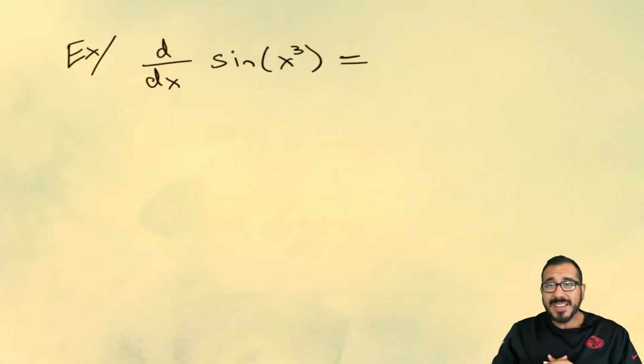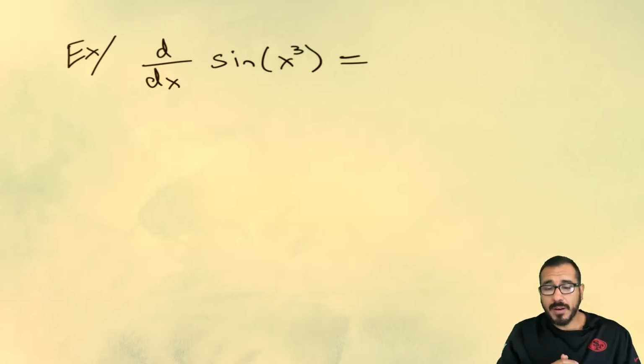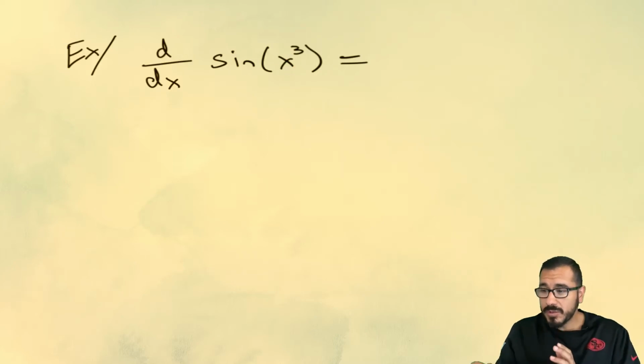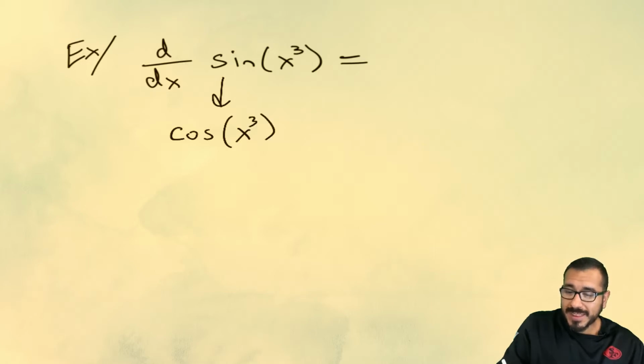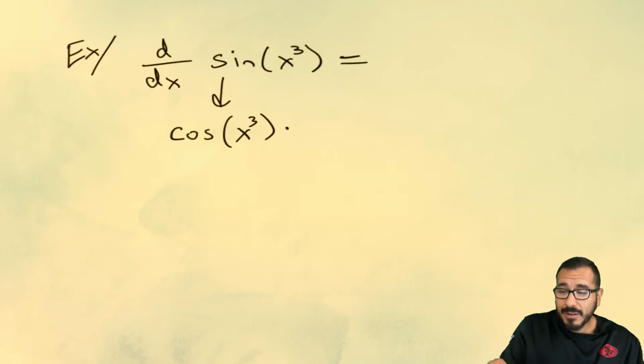To help us set the scene, let's take the derivative of sine of x cubed. Again we have a composition of functions: our outer function and our inner function right here. According to our rules, the derivative of sine is cosine, and our inner function remains the same, but we multiply it by the derivative of that inner function.